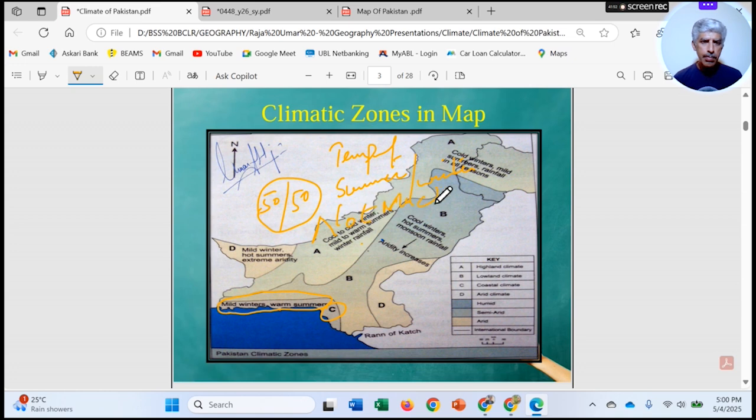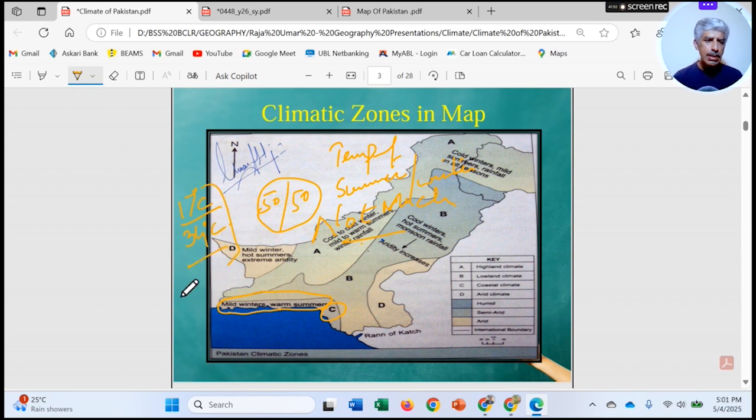Not much. It means that at the coastal areas of Pakistan, if we take the example of Karachi city, the average temperature of winters is 17 degrees Celsius and the average temperature of summers is 34 degrees Celsius.